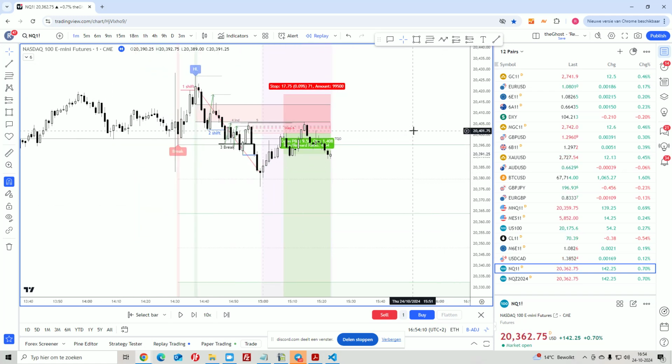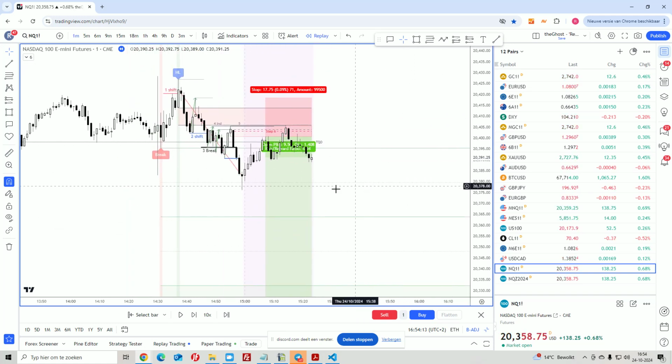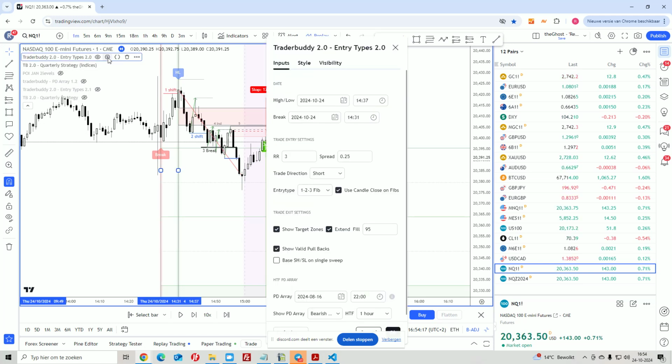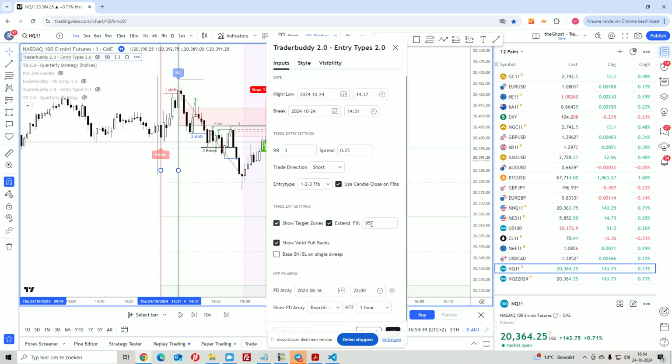And in the meantime, the indicator is giving you levels, at least if you activate them, your target zones. If you do not want your target zones, you just put this transparency to 100, and then you will see these lines will disappear.